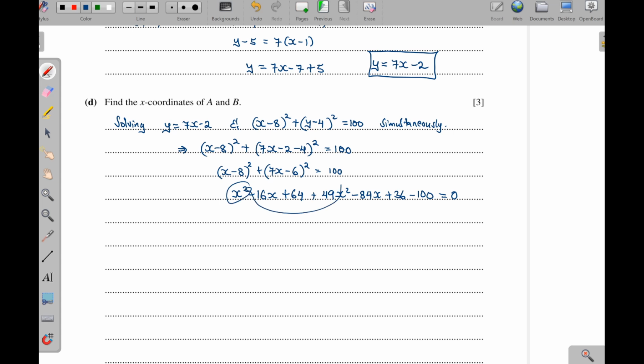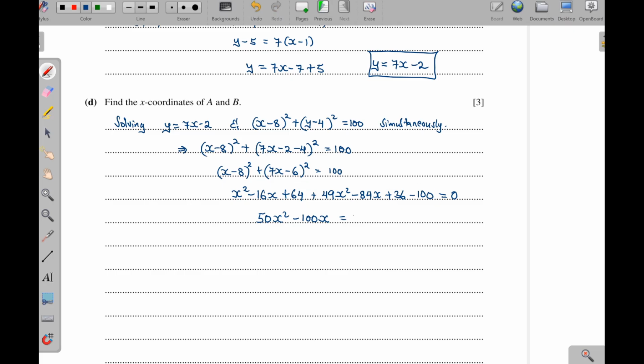Now x squared plus 49x squared, that one will give us 50x squared. Then we have minus 16 minus 84. Isn't that minus 100? Yes, minus 100x. Now we have 64 plus 36, that is 100, minus 100, that one is a 0.